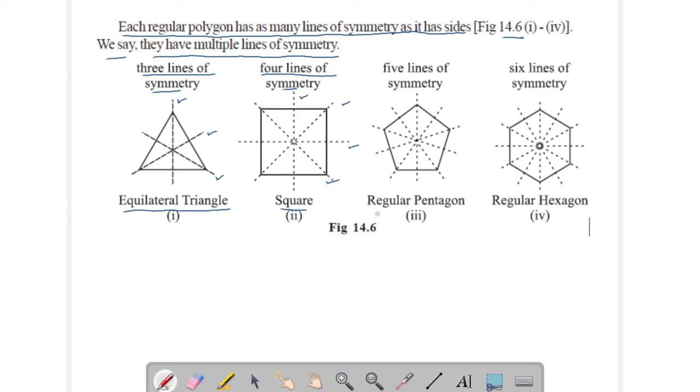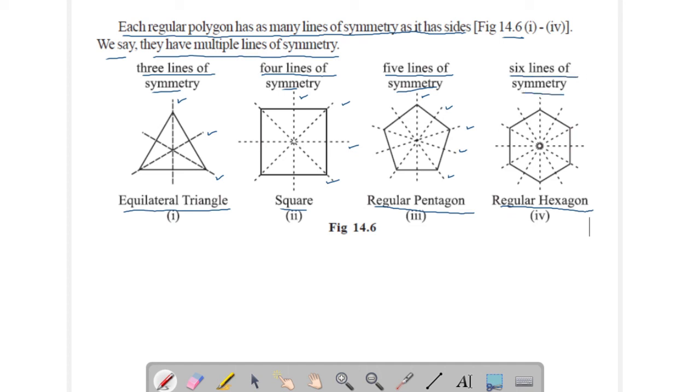Now third figure is a regular pentagon. How many lines of symmetry are there? There are 5 lines of symmetry. That is 1, 2, 3, 4, and 5. Now fourth figure is a regular hexagon. How many lines of symmetry are there? There are 6 lines of symmetry.